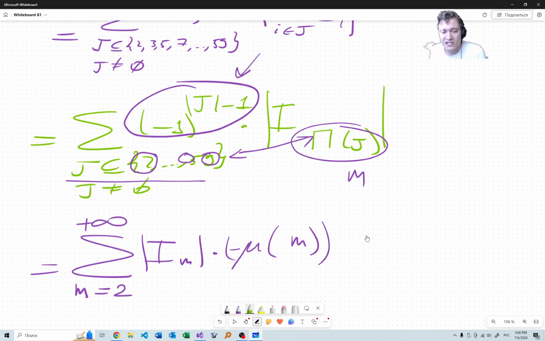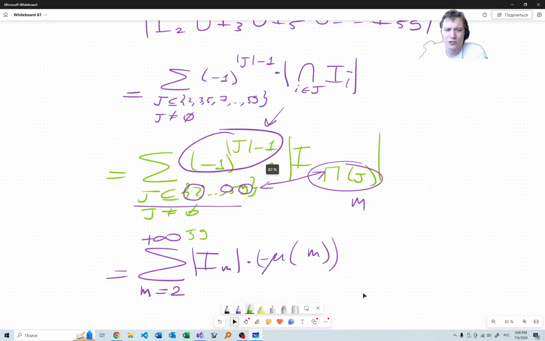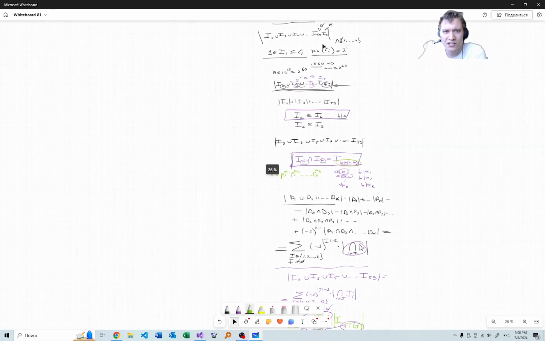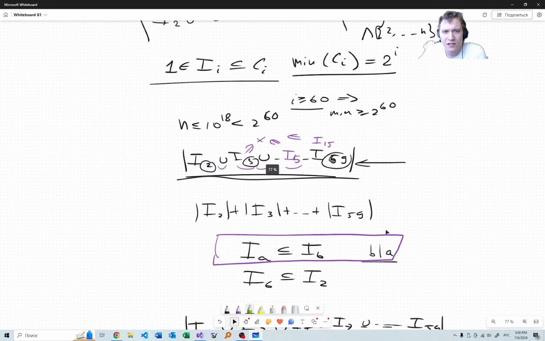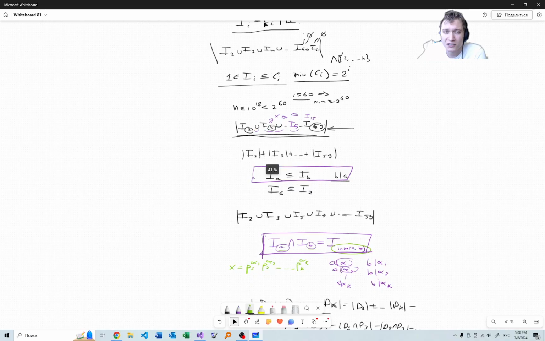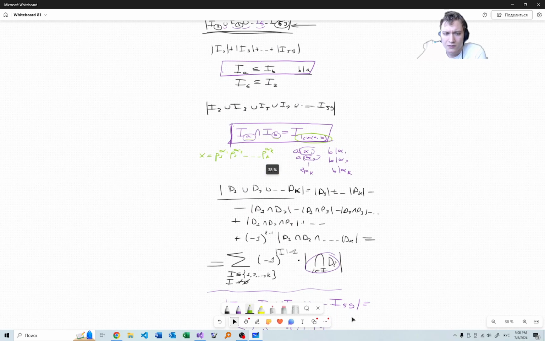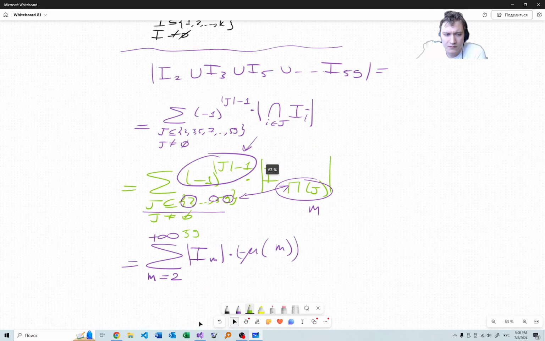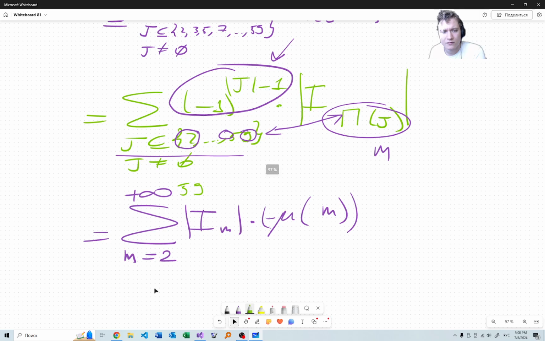And now, as I said, we can stop at 59, because if we go on when it's at least 60, then, as I said, it becomes empty. So all I's with big indices are just empty, so we can ignore them. So here we can actually stop at 59.